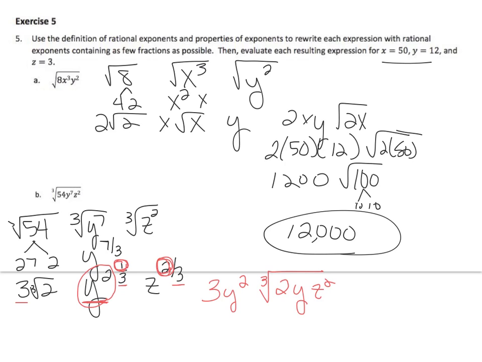Let's replace it with the numbers. I have 3 times y squared times the third root of 2 times y times z squared. So 3 times 12 squared is 3 times 144.